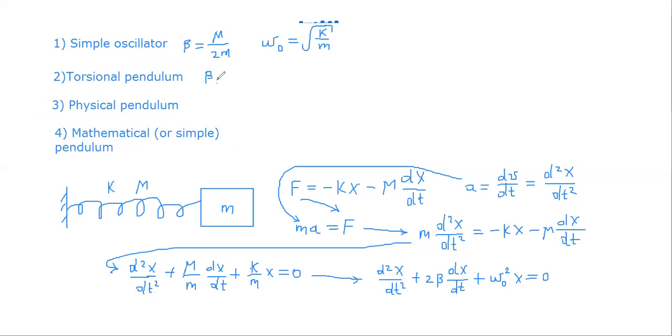Beta is equal to mu divided by 2 multiplied by the moment of inertia, and omega 0 is equal to square root of d divided by I, where d is the torsional constant, as you can remember from our previous lesson.